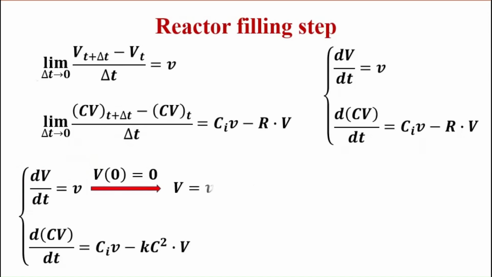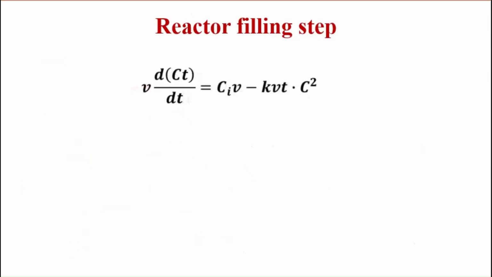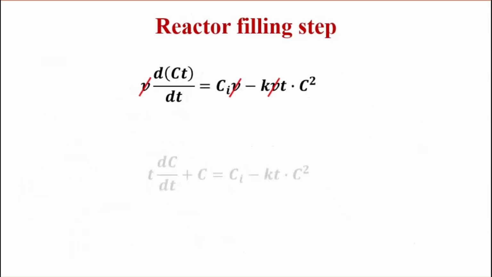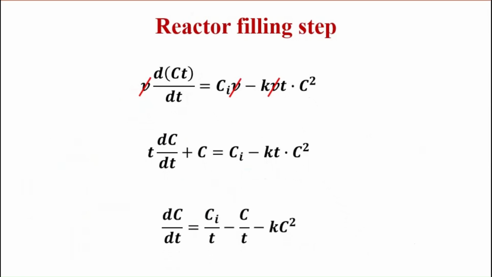The solution shows that the volume of the mixture in the reactor increases linearly with time. Substituting this solution into the second differential equation and performing simple algebraic manipulations further simplifies its form. The result is a first-order, nonlinear ordinary differential equation that describes how the concentration of ethyl acetate varies with time.